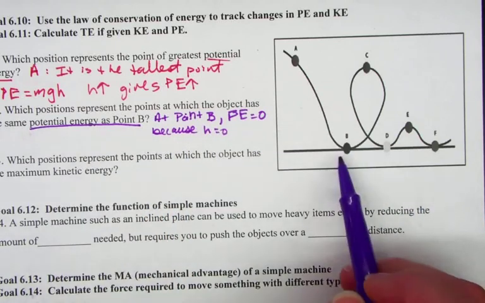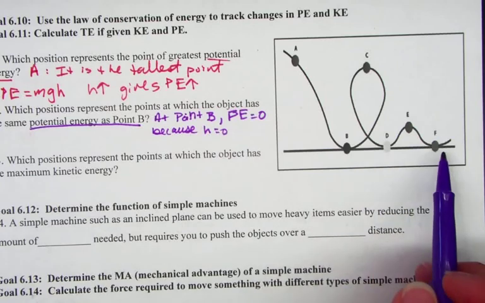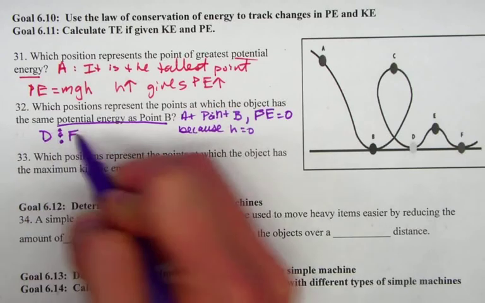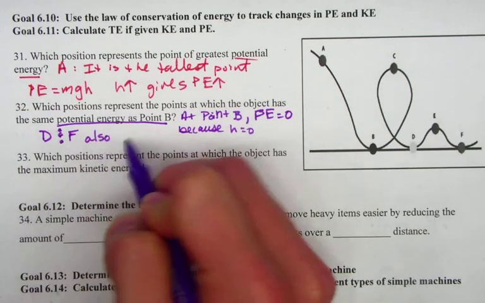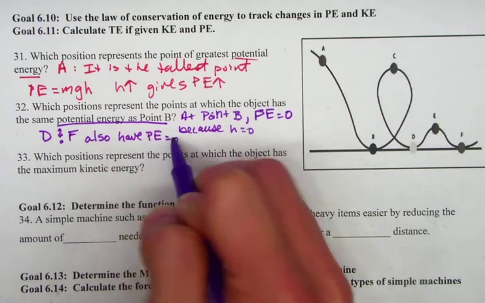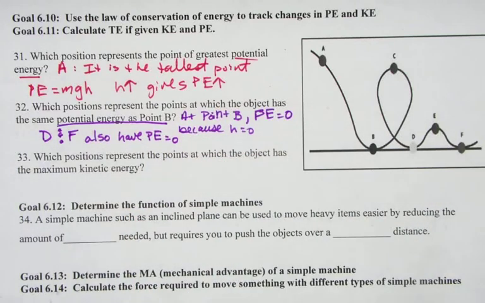So if we take a look, D and F are the other two. So D and F also have potential energy equal to 0 because their heights are also 0.